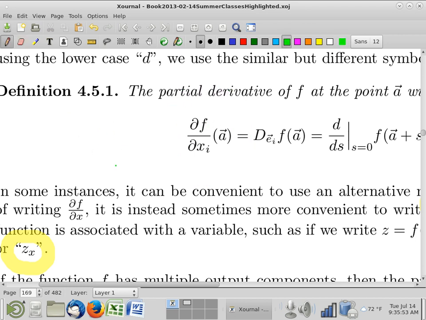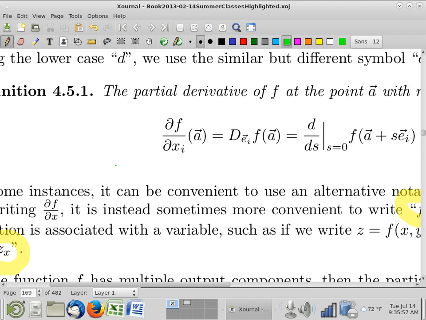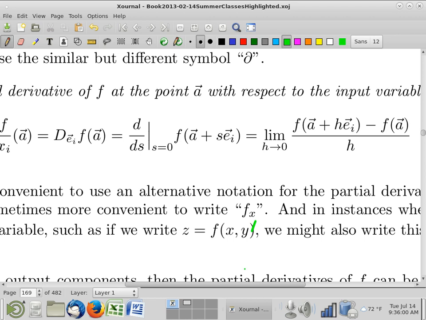Okay. Another notation now to represent partial derivatives is this notation right here. Situations come up where you're taking a partial derivative of a function f, with respect to one of the input variables x. It's just that maybe there's a whole bunch of stuff going on, and you don't want the page to get filled with notation, so this is a little bit more compact.